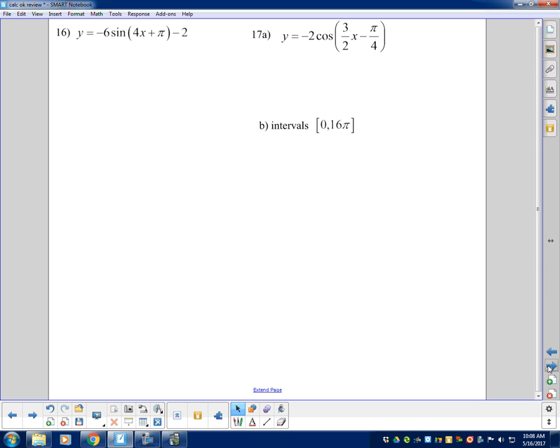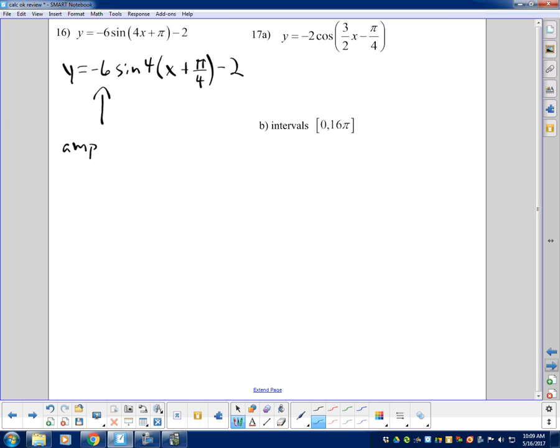All right, number 16. Let's state the amplitude, period, phase shift, and vertical shift of this equation. One thing we need to do first is factor out the 4. Factoring out the 4, I'm left with x plus pi over 4 minus 2. The amplitude is the absolute value of that coefficient, which is 6.